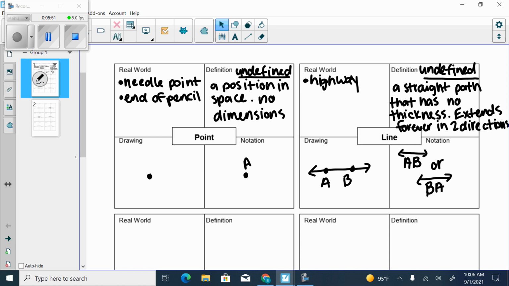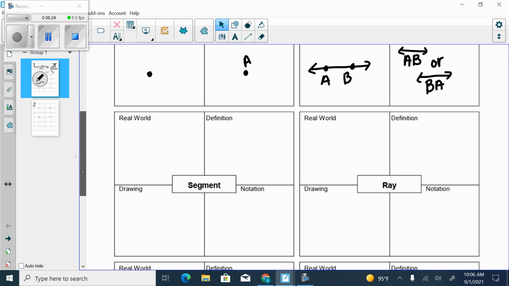What's something else that you can travel on that would be straight? Yeah, we need it to have the idea that it will continue, right? So maybe like a railroad track, that would be pretty straight, right? All right. Okay.